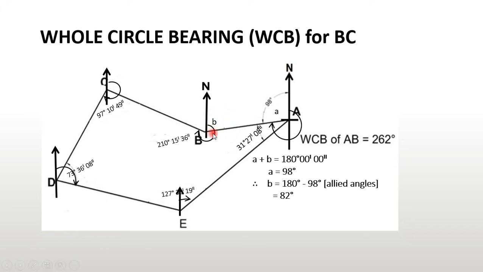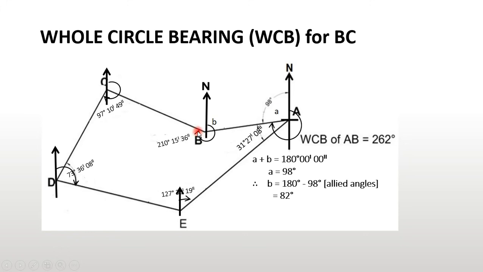The purpose of finding the value of angle B, since we are determining the whole circle bearing of the line BC, is that we need to determine this value and the internal angle of B. If we add these two angles, they are going to give us the bearing of this line.